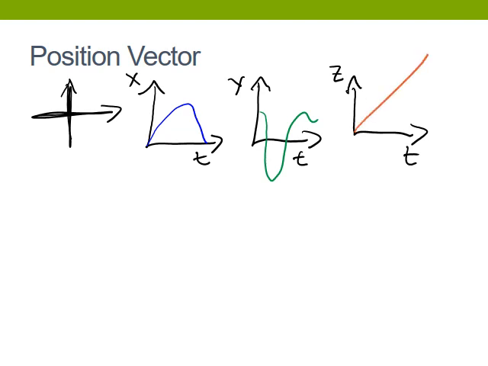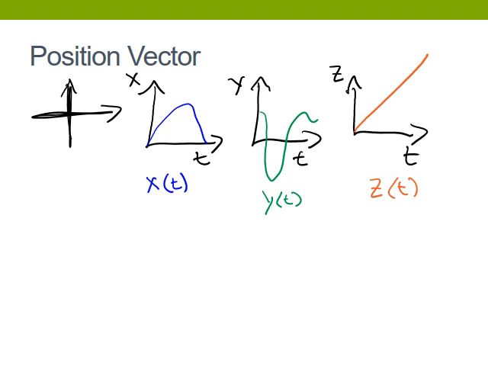So each one of these graphs now describes how my position in that direction changes with time. And each of these would yield then a function. This would be the function of x as x changes with time. This would be the y function as it changes with time. And this one would be the z function as it changes with time.